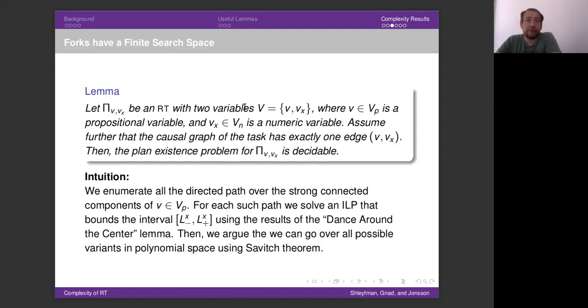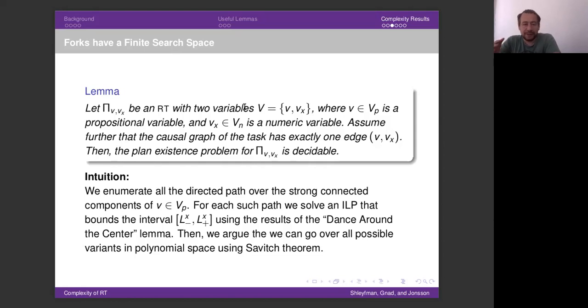By the structure of the graph, this path isn't really affected by the numeric variable. It affects the numeric variable, but isn't affected by it. For each such path, we use the Dense Rounding lemma and compute the bound using an ILP because we moved to integer problems.